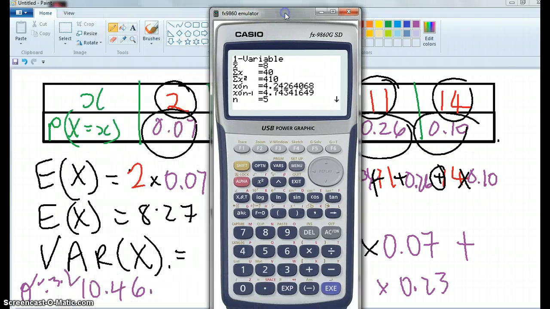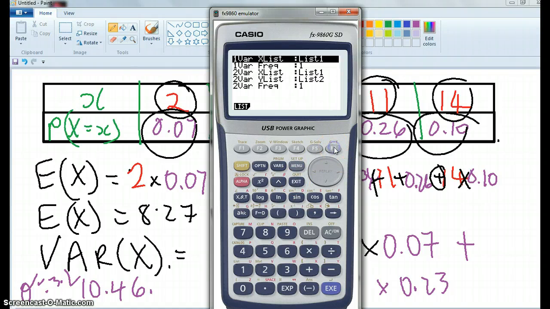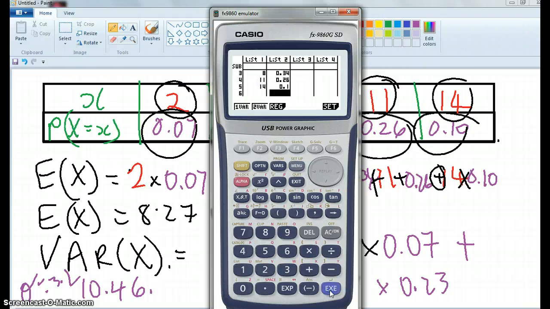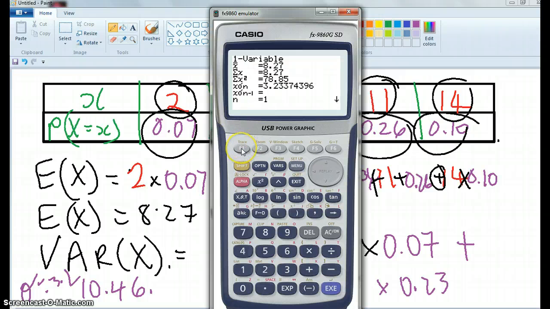Variance is 40, and the standard set. Frequency, I need to change to list 2. Execute, and now, what have I got? So where does it say 3.2?